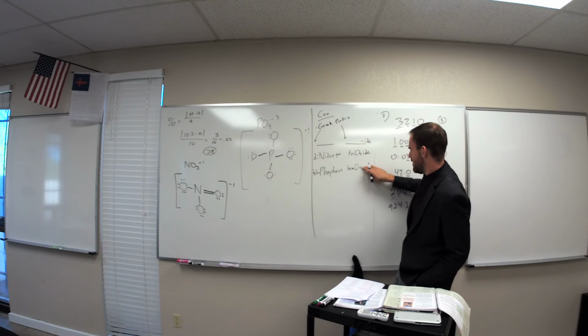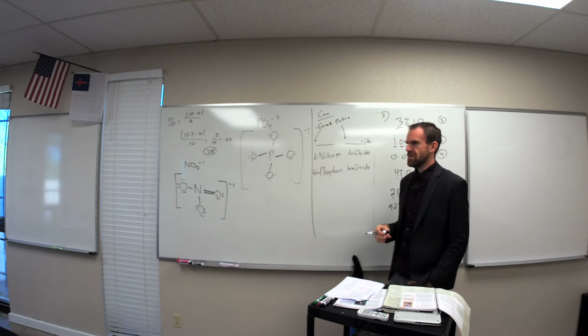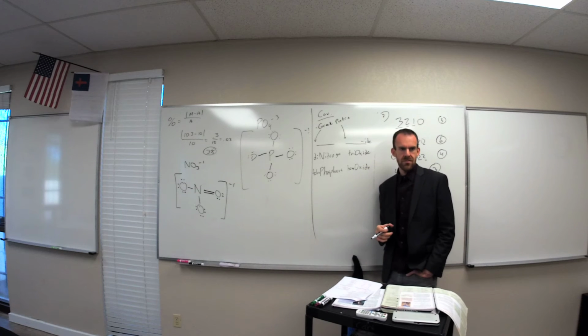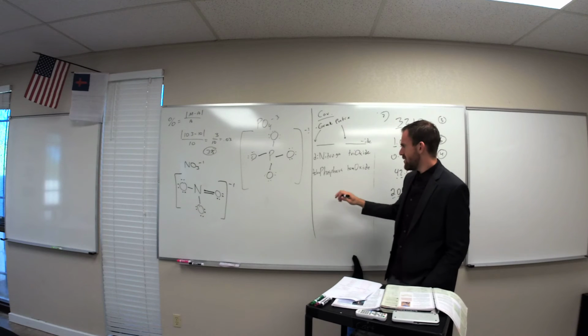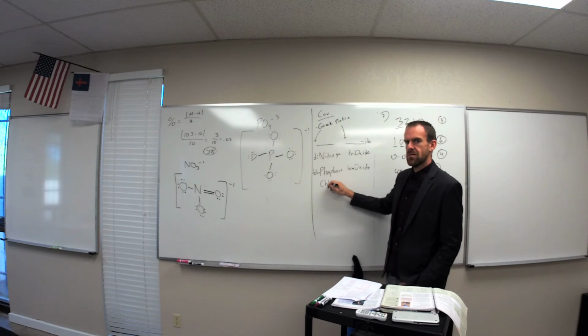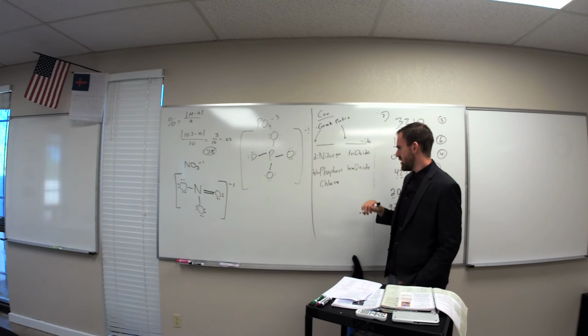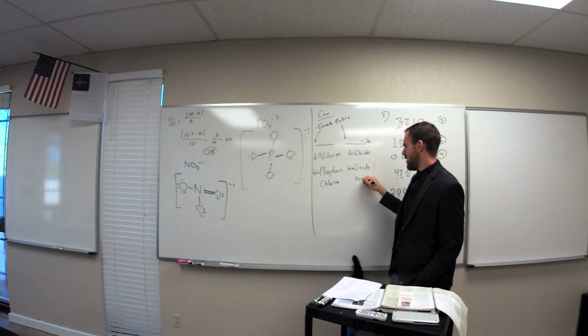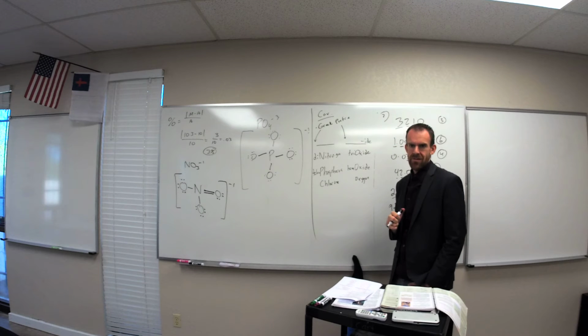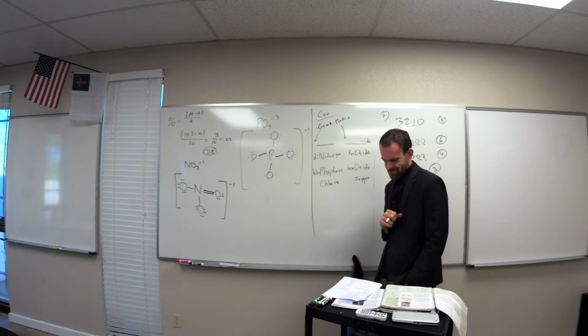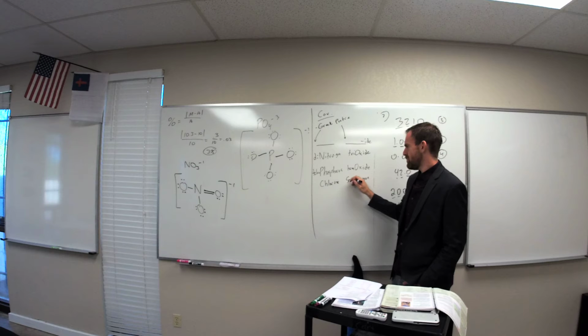Then you drop the N. Okay, Cl2O7. Cl is chlorine. O is oxygen. 7 is septa.